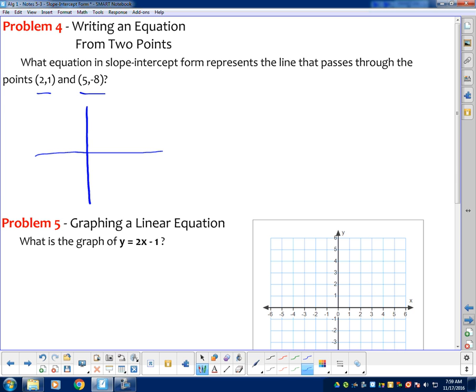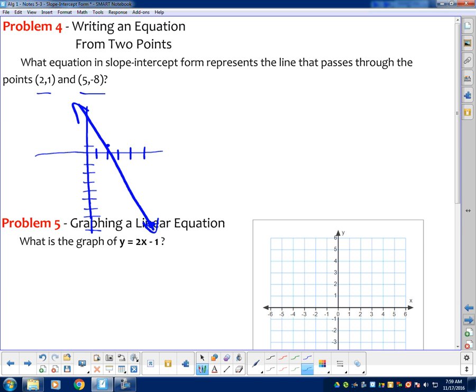Here, I'm drawing by hand the graph, so already I'm taking a chance, but there's (2, 1), about right there, and then 3, 4, 5, and 1, 2, 3, 4, 5, 6, 7, 8, so (5, negative 8) would be somewhere down here. If I were to draw in a rough sketch of the line, it goes something like that. And you'll see that it would be difficult for me to accurately identify the y-intercept. If I'd done that on graph paper, I might have a better chance of doing that.